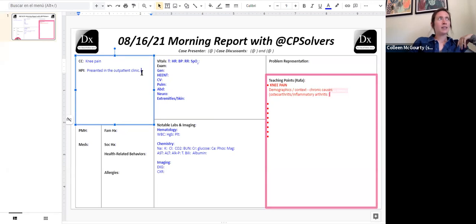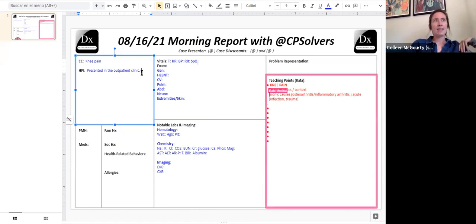I also think about infections that can have a pretty quick onset, and definitely keeping my eyes out for physical exam findings, like is there a large effusion in the joint, or any kind of deformities around it. I guess lots of big buckets. This is a very, very open chief complaint that I'm thinking about here.